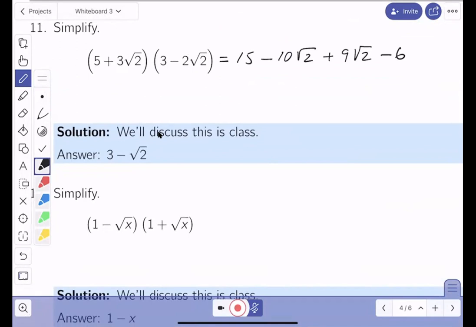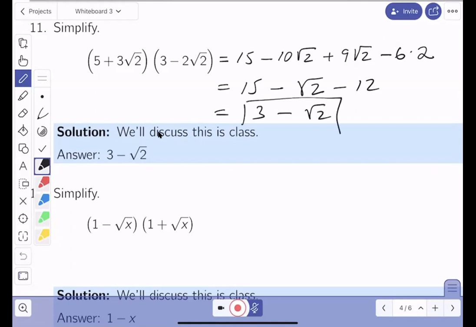Well, root 2 times root 2 is root 4, and root 4 is going to be 2. Let's keep going. 15. I'm going to combine the two middle terms, which would be minus 1 root 2, and 6 times 2 is 12. 15 minus 12 is 3, so it's 3 minus root 2. Look at the key, make sure you can do that.